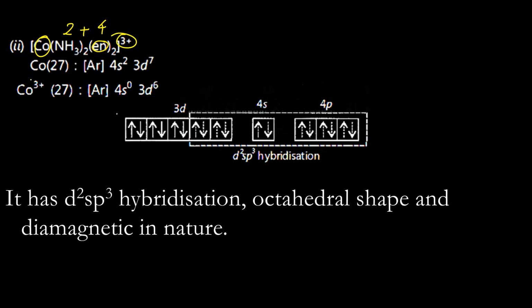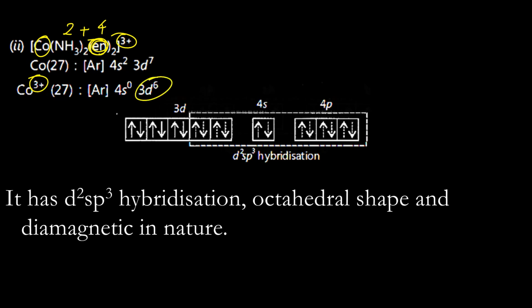You calculate it now. I am not calculating it. Okay, 3 plus. Write the configuration. When you write the configuration, en is a strong field ligand or weak field ligand? Strong field ligand, right? En is a strong field ligand. So in this case, what will happen?